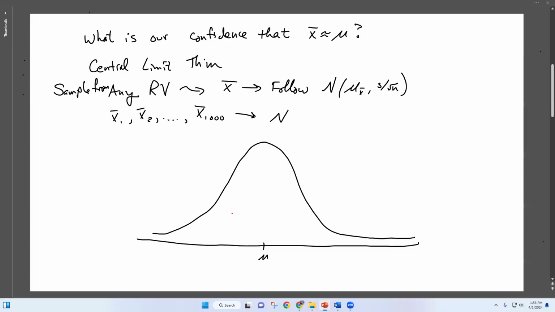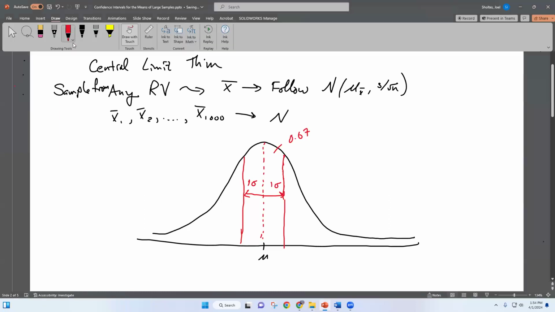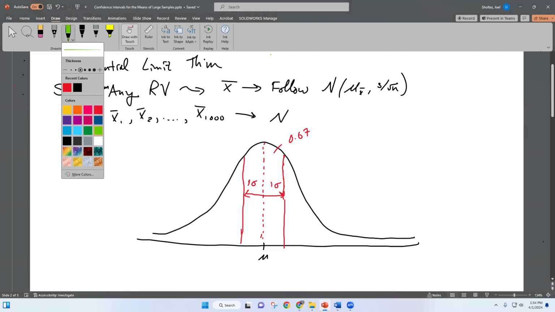Within this distribution of sample means, we know from the empirical rule for the normal distribution that if we go out 1 standard deviation from the true population mean, so 1 sigma, in either direction, we're going to capture about 67% of the probability within here, so 0.67. If we go 2 standard deviations out, let's take a look at that.